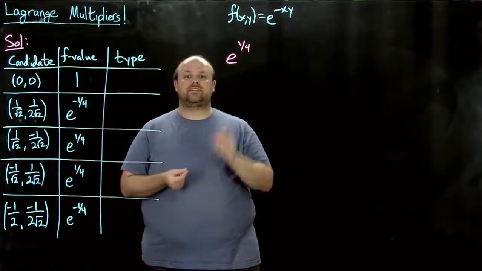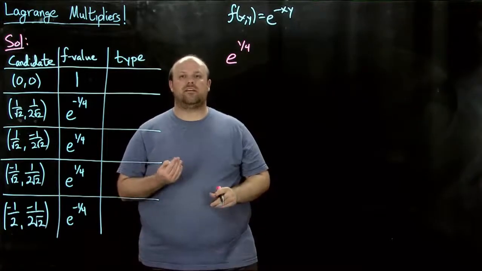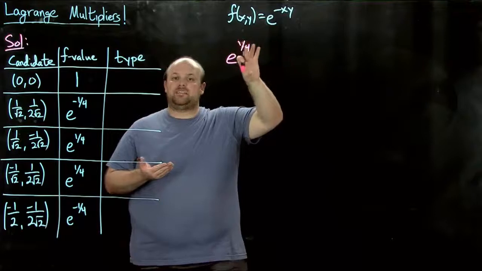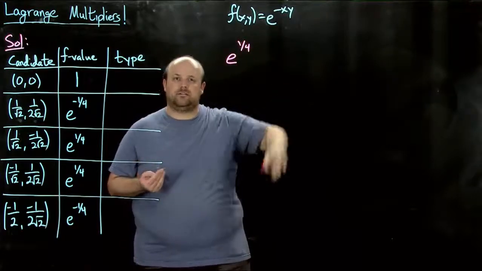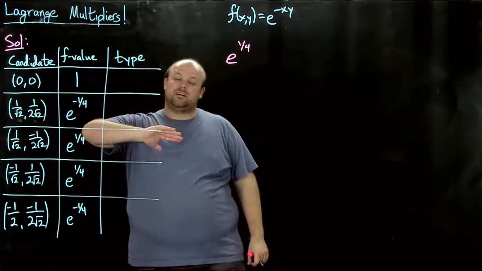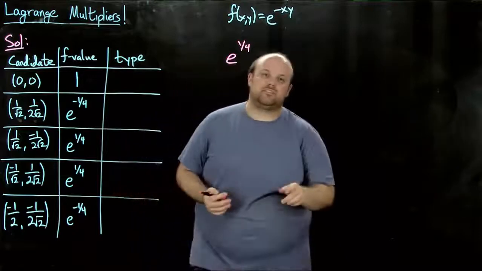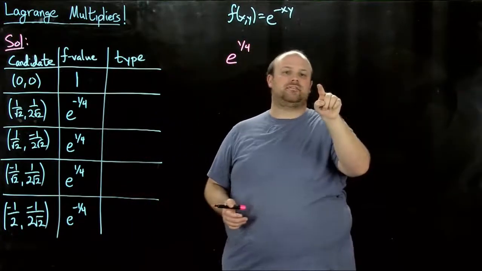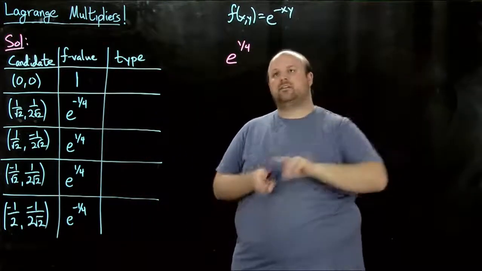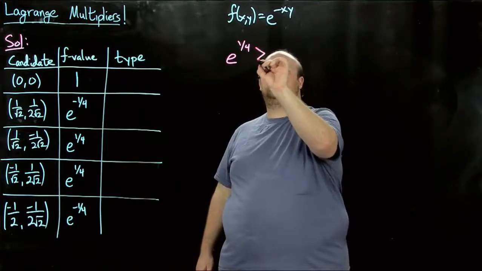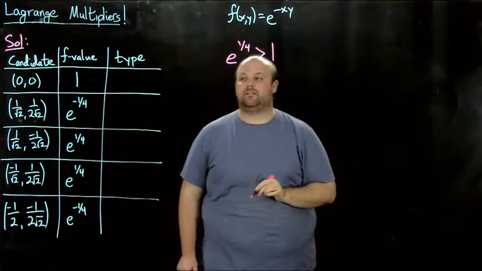So remember, anything to the 0 power is 1. If the number in the exponent goes above 0, then, since exponential functions where the base is positive increase, this has to be bigger than 1.